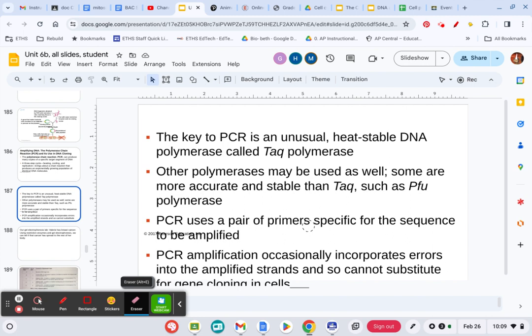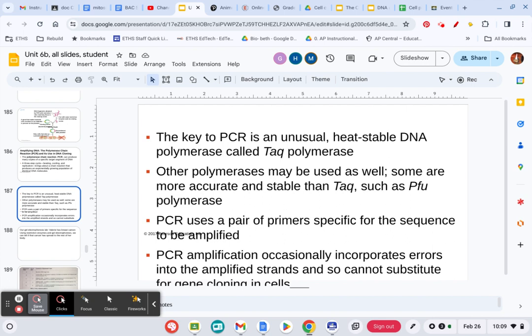Anyway, one of the key things that allowed us to do this came from the fact that when we are making copies of our DNA, we use DNA polymerase to add on new nucleotides.